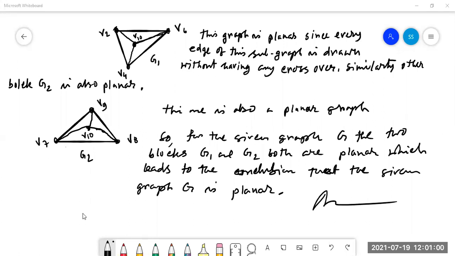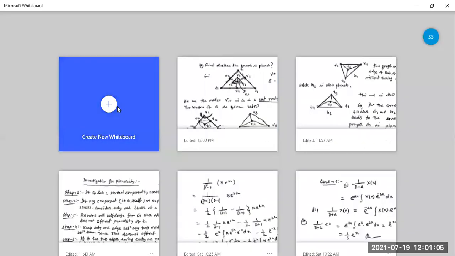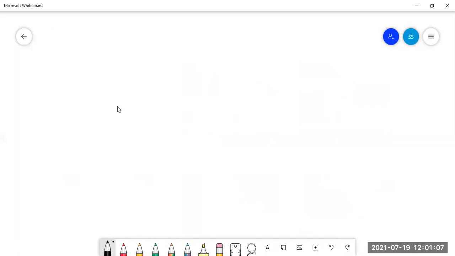Now we are going for the dual of a graph. Dual of a graph. Dual means actually inverse.